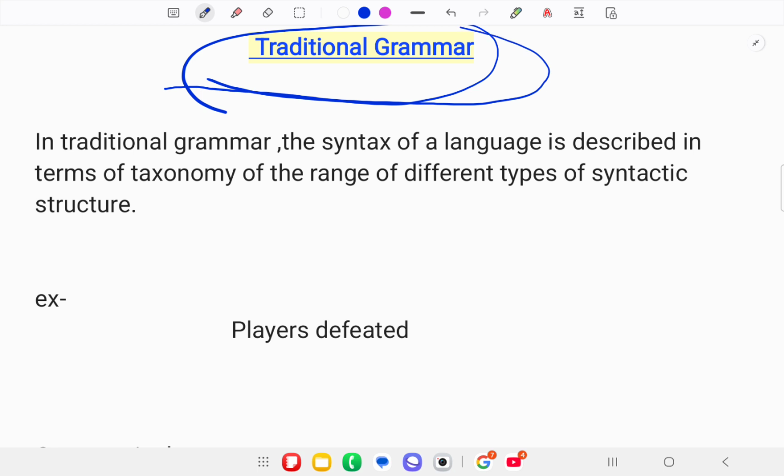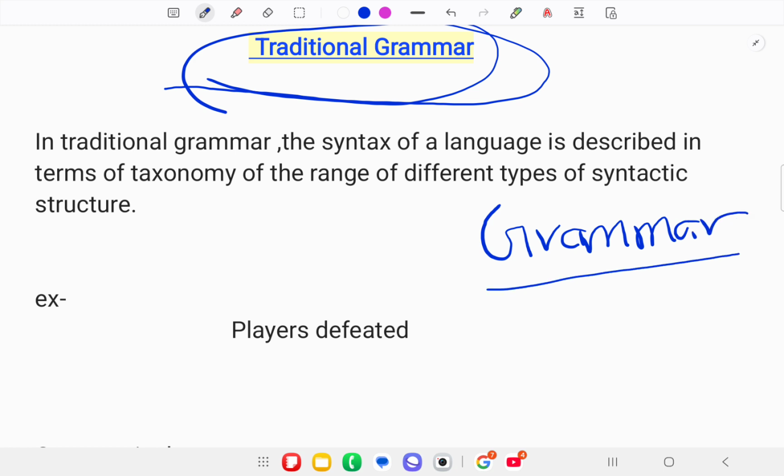Till now, whatever grammars we were studying, were they traditional or universal? So at first let's clarify the differences between the traditional and the universal grammar. When I talk about grammar, we study it in two parts.